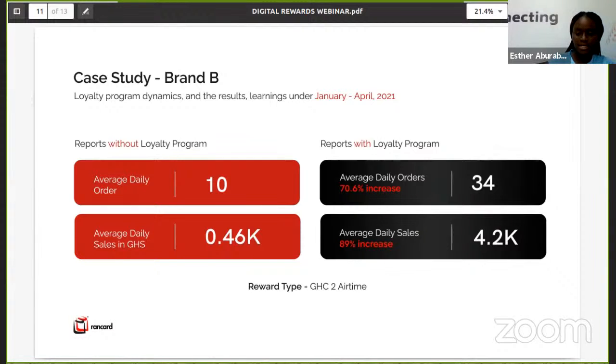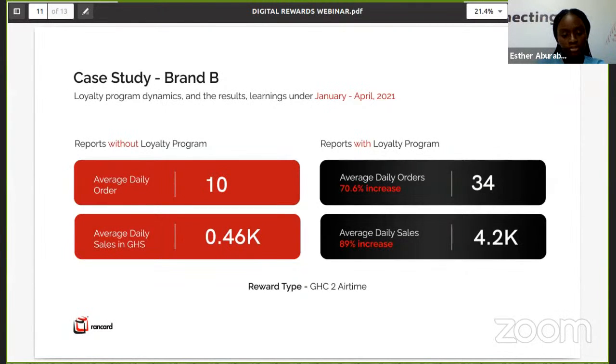Okay, so for this brand as well, they were doing about 10 orders a day. And so to drive traffic to their digital platforms, they decided to also run a 2 cedi airtime campaign for their customers, which moved them to an average of 34 orders on a daily basis, which is about a 70% increase on what they were actually getting.